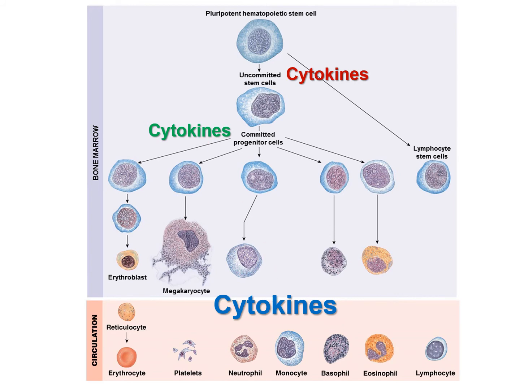For instance, if we give the cytokine erythropoietin, we will cause red blood cells to form. If we use other ones, we will cause other cell types to form, and I'm going to give you a couple of those. So the differentiation from stem cell to differentiated cell is almost entirely cytokine driven.